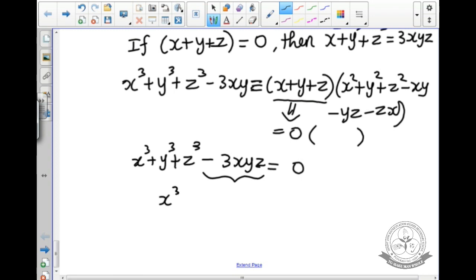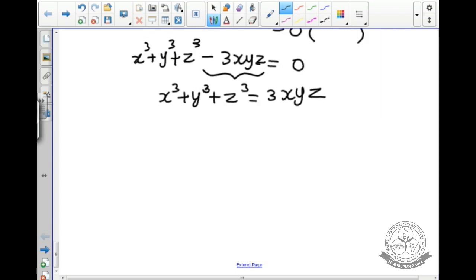So what do you get? x cube plus y cube plus z cube is equal to 3xyz. From this we are getting this result. So we are going to use this result in this problem.